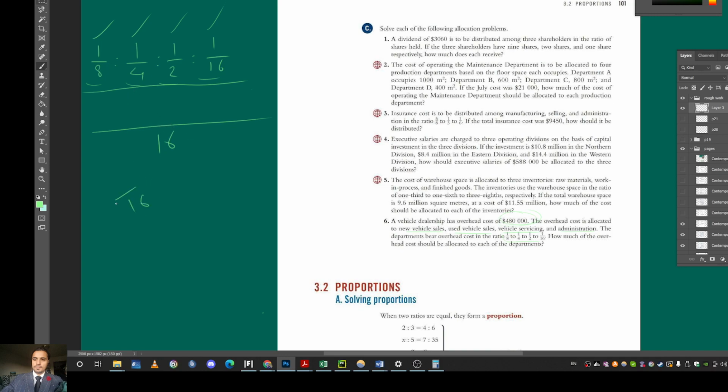But then we'd have to make some changes here. So 8 times 2 is 16, right? So this 1 would have to get multiplied by 2 to give us 2. 4 times 4 is 16, so 4 times 1 is 4, right? Then the same with 2.